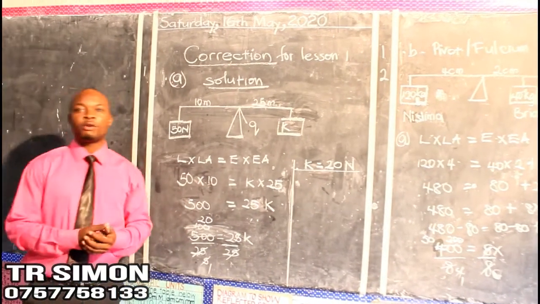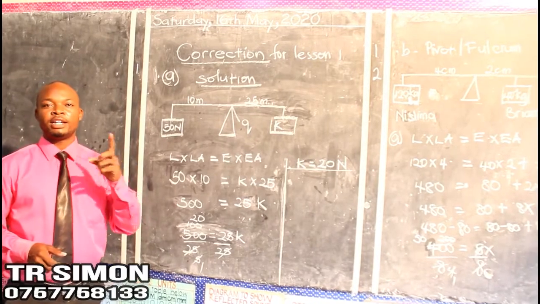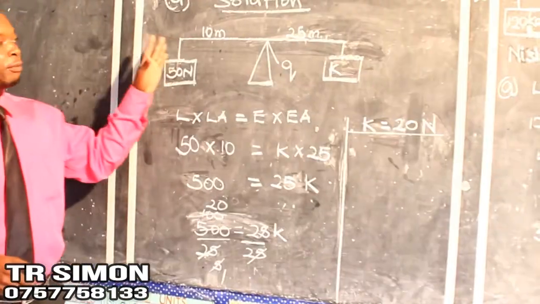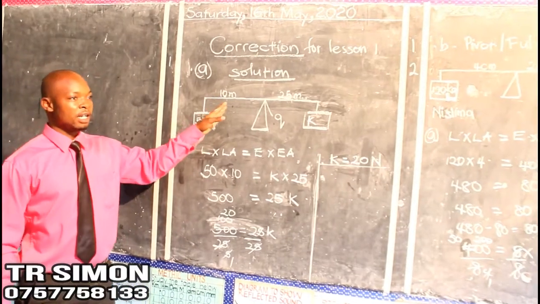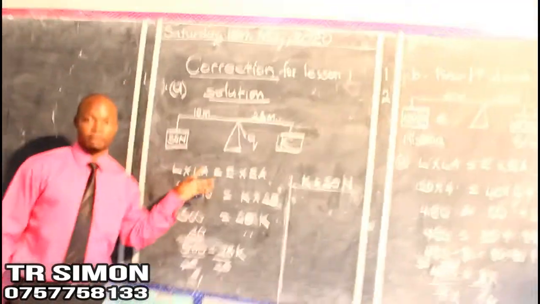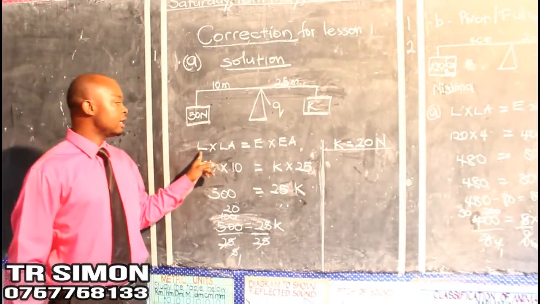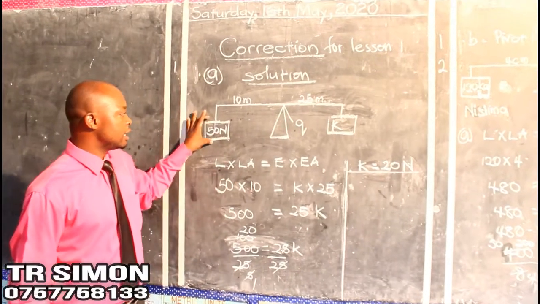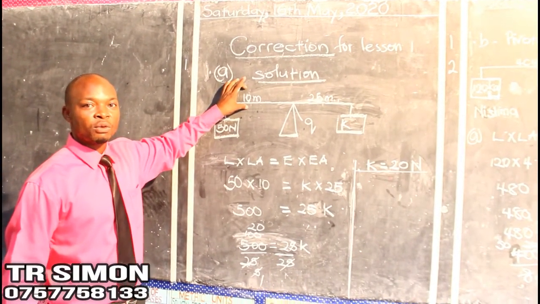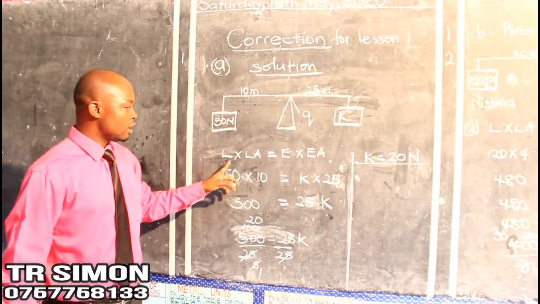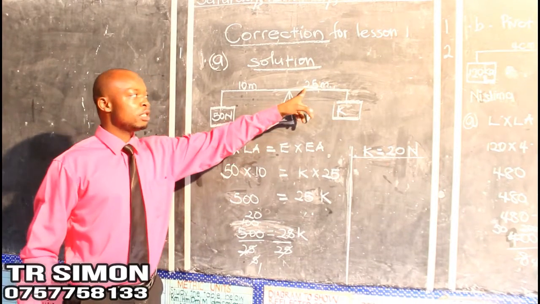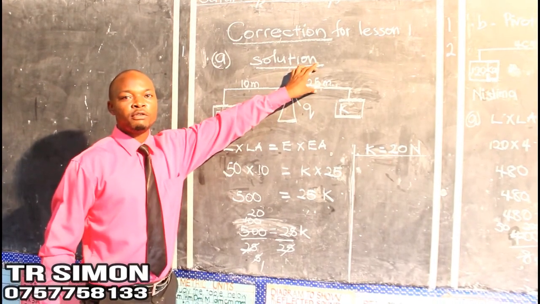Yes. Once more we're here. In lesson 1, we had 2 activities. Beginning with the number 1, like you have seen the illustration. We said, following the principle of moment, we find that the load, which is 50 newtons, times the arm, which is 10 meters, is equal to effort, which is K, times the arm, which is 25 meters.